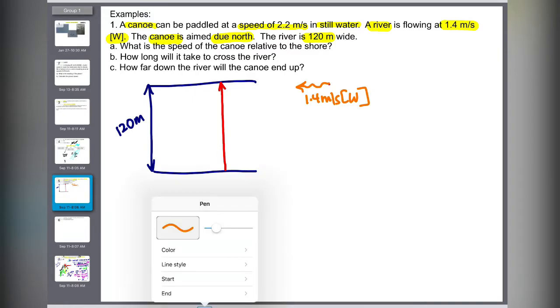Okay, so let's see what I can do to complete the triangle. At still water, if the canoe is just going north, it is going at 2.2 meters per second. And while it's going straight up that way, because the current is flowing at 1.4, does that make sense that it doesn't go all the way straight north?